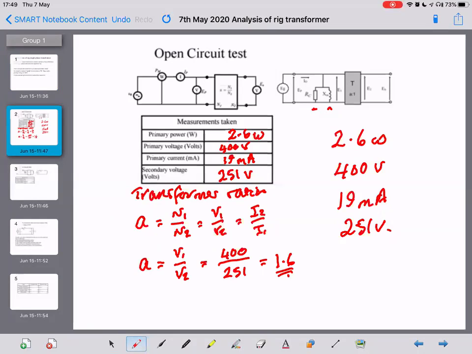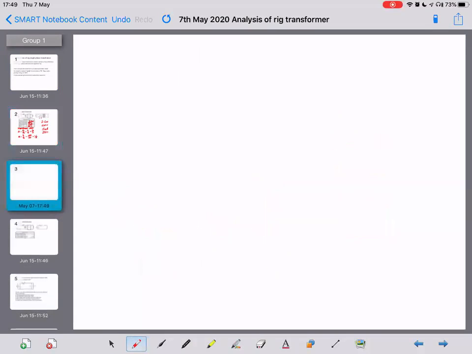All right. From the information found, what else can we find? What will the current and the voltage help us to find? A power. One of the powers, yes.